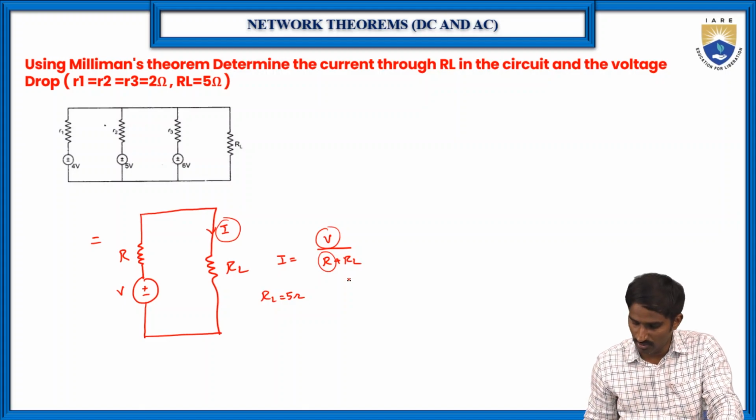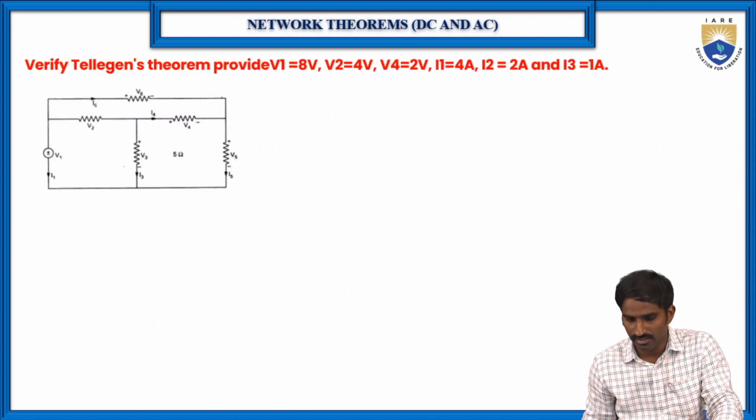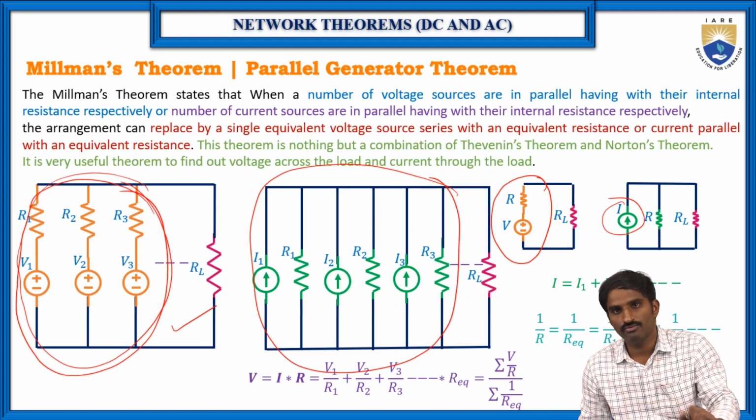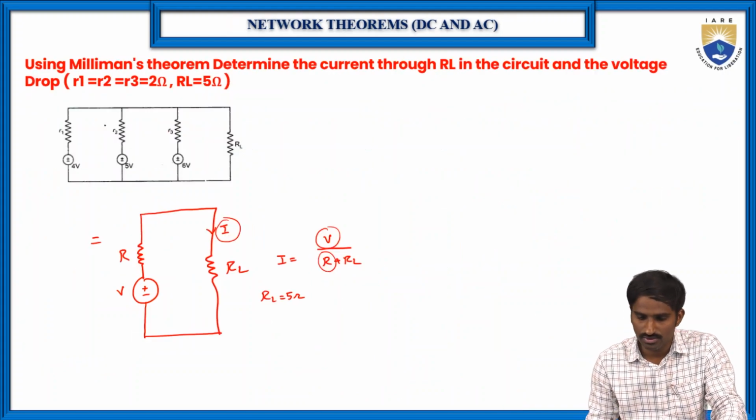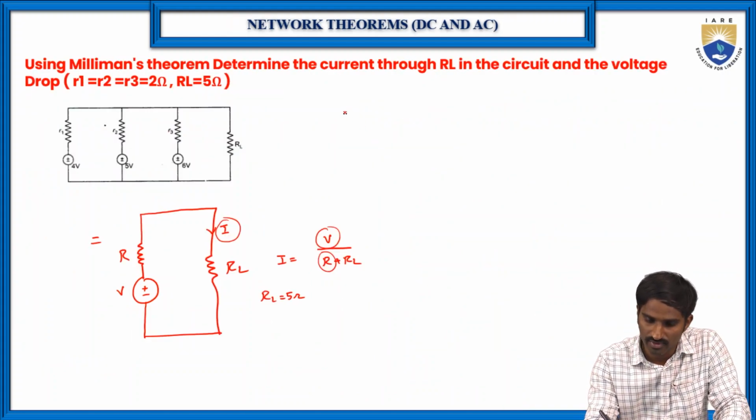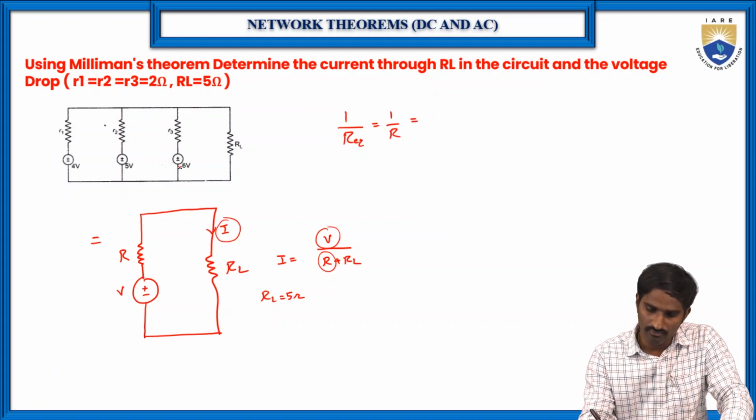Just now we have seen how to find the V and R values, right? So first let us find the R value. R equivalent is given by 1/R = 1/R1 + 1/R2 + 1/R3.